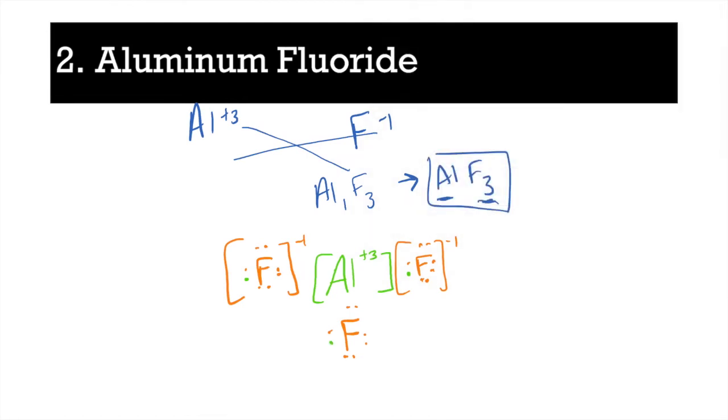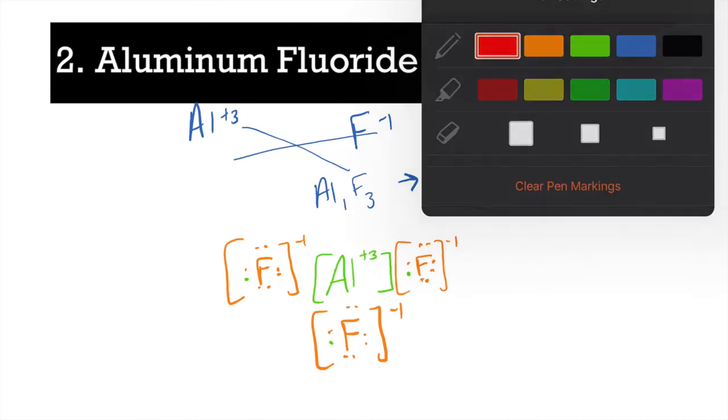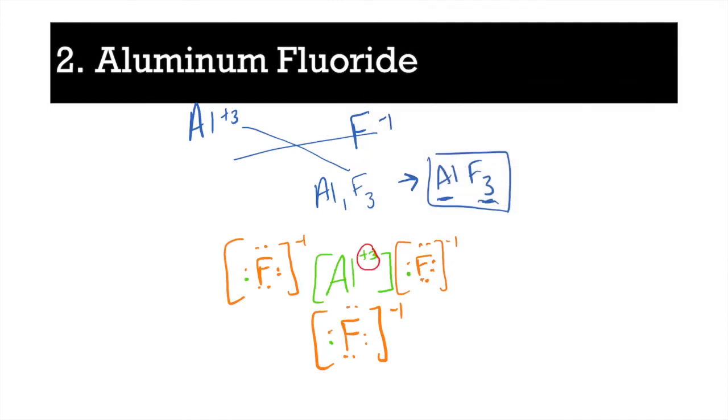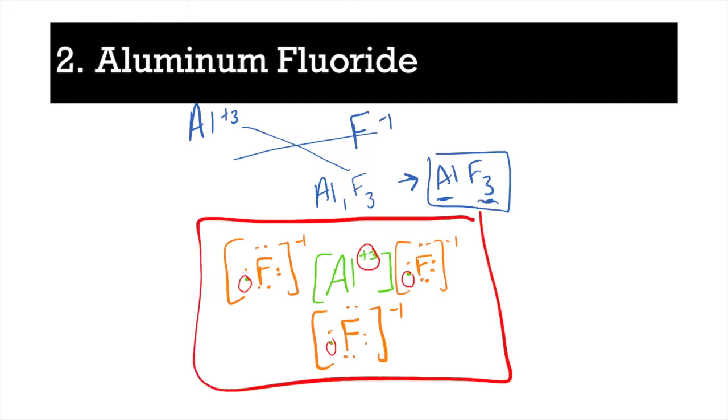Again, that last one from aluminum, and your negative charge. So you have 3 -1 charges, 1 +3 charge. Your compound is neutral. And again, aluminum is going to lose those 3 electrons. Fluorine only can gain 1 electron, so that's why you need 3 fluorines to gain all of those electrons. But this is your final picture.